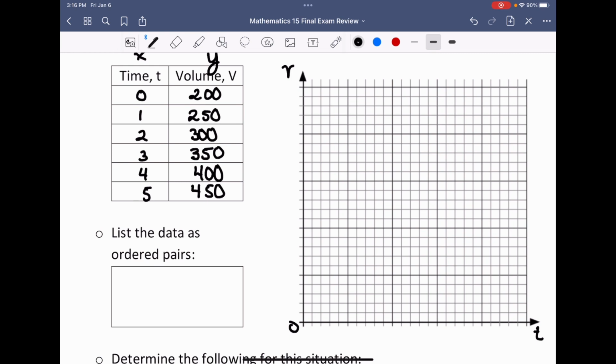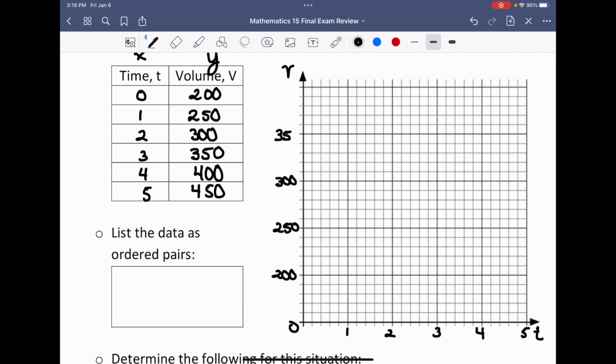So after every little hash here, I'm going to put 1, 2, 3, 4, and then maybe 5 at the end here for time. So that's in minutes. And then volume, which is in terms of liters, we're going to go from 200 to 250 to 300 to 350, finally to 400.